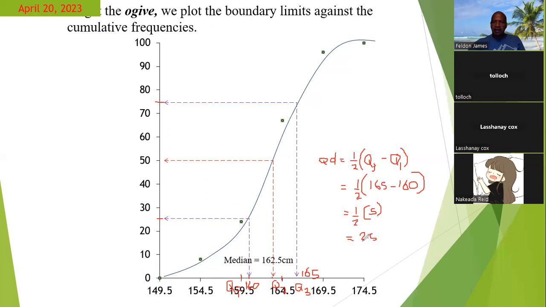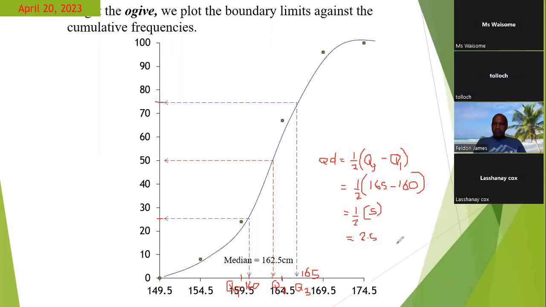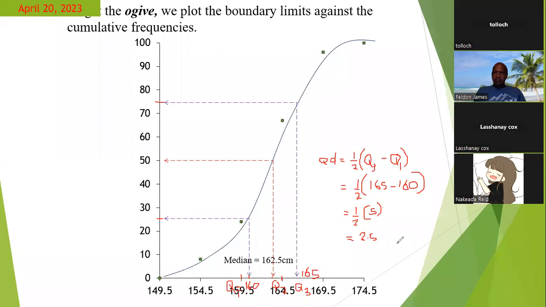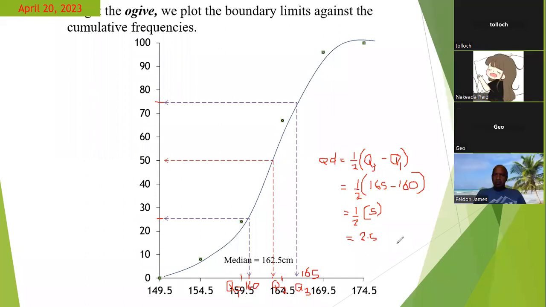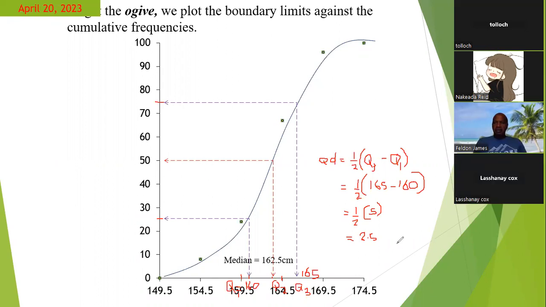Let me see your hand if you understand how to calculate your quartile deviation value. All right. Very good.